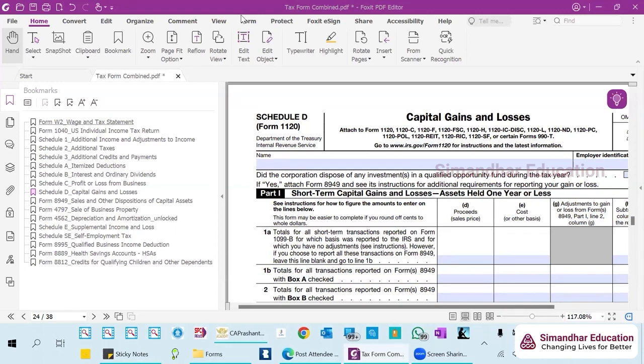Okay, so that's for the session today. It's all about forms, and from next week, it will all be basics of tax. That's a bigger picture of tax.